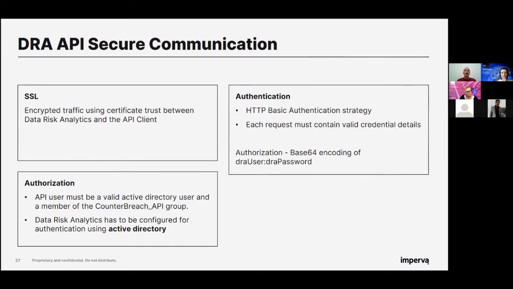The DRA API communication is secure. We use SSL. The authorization is done through the Active Directory. I will show you in a minute. And we use the HTTP basic authentication strategy. The way we use it is we have a DRA user and DRA password in our Active Directory. This is the string that we take, user.password, and then we encode it in base 64.